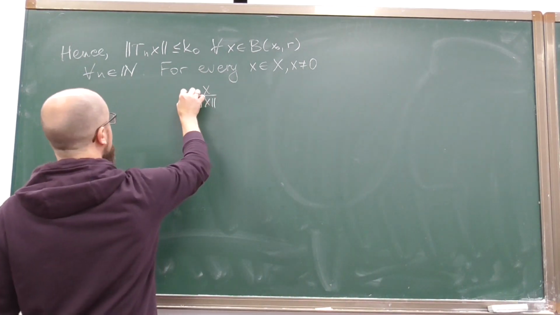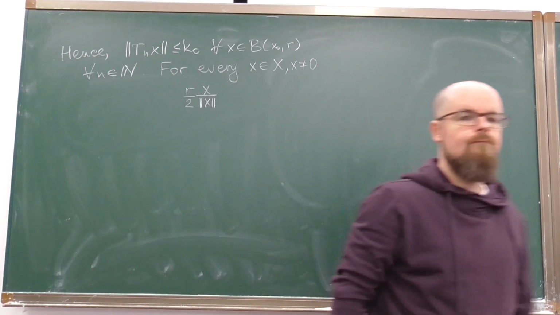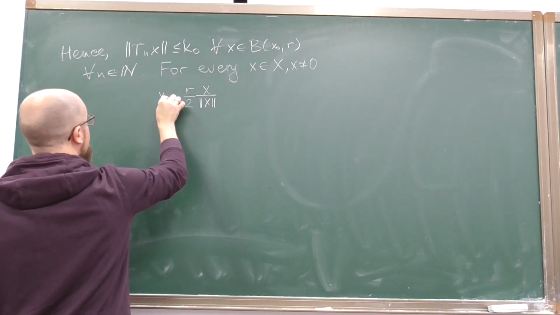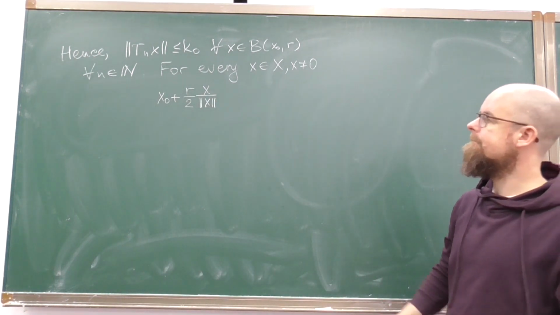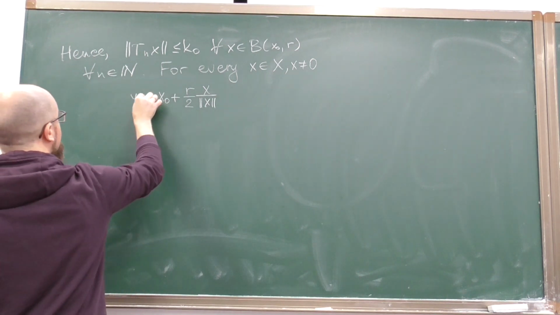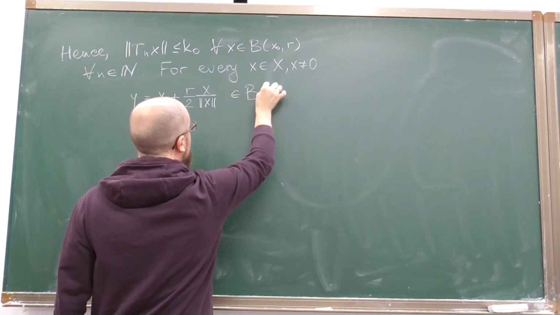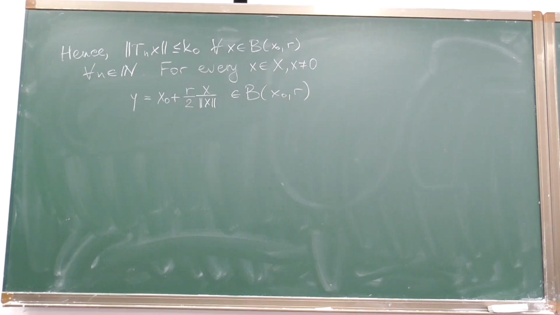Now I will multiply it by r over 2, and add x0 to this one, and call it y. It's not difficult to see that for every x from X, this element y belongs to the ball. Let me now express x in terms of y.